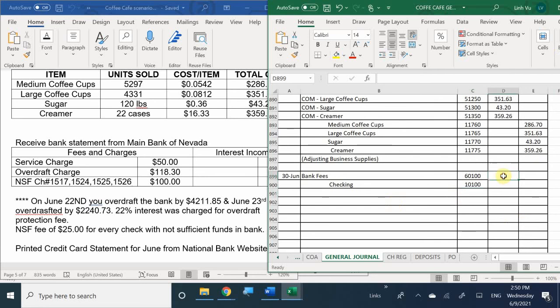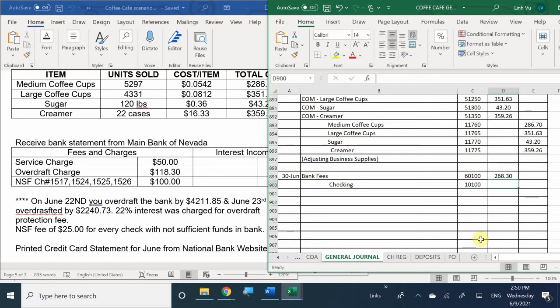So in grand total, how much were the total bank fees? So total bank fees is going to be 268.30. That's 50 plus 118.30 plus 100.